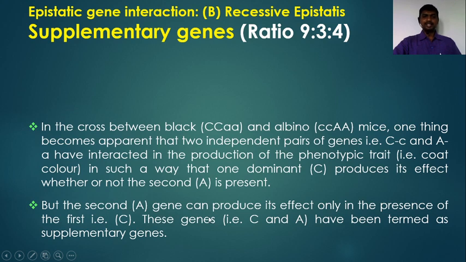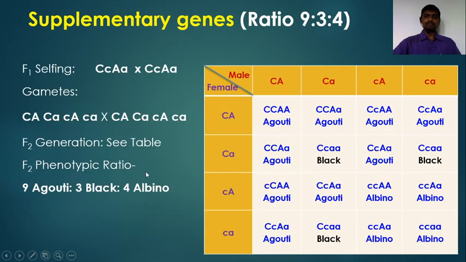But the second A gene can produce its effects only in the presence of the first gene, that is C. So these genes C and A have been termed supplementary genes. In the checkerboard we found that this C can express itself whether the other gene is present or not, meaning dominant or recessive.